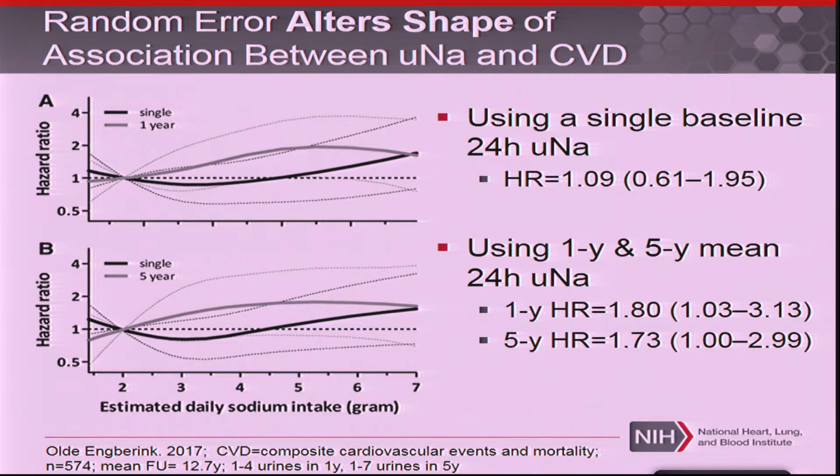But when you use the average, this is a 1-year and a 5-year average, you can see in the gray line, the shape is really quite different and in the opposite direction. And these are the hazard ratios, which are significant, showing that with higher urinary sodium excretion, you have a higher risk of cardiovascular morbidity and mortality.